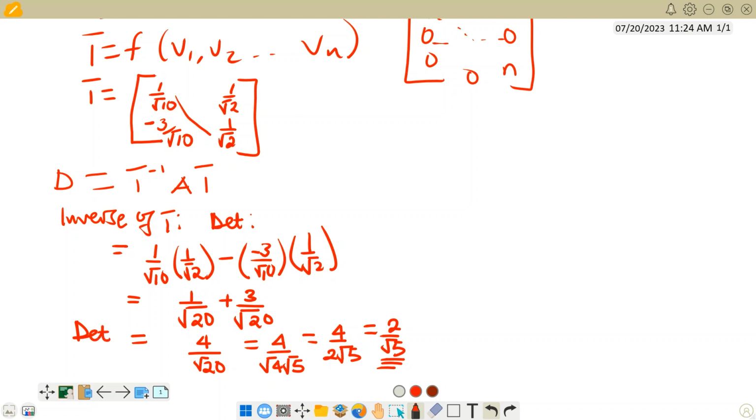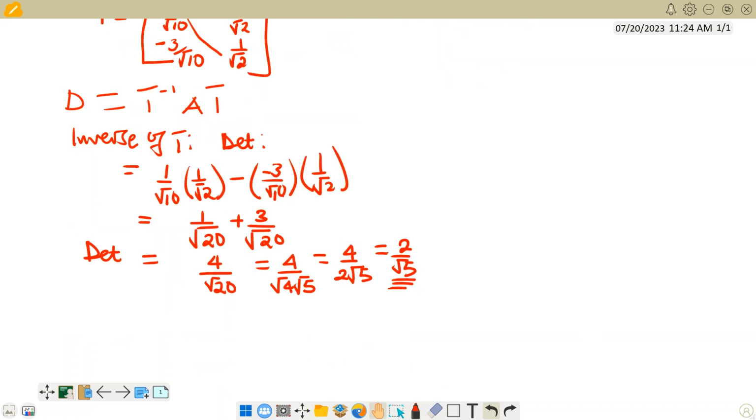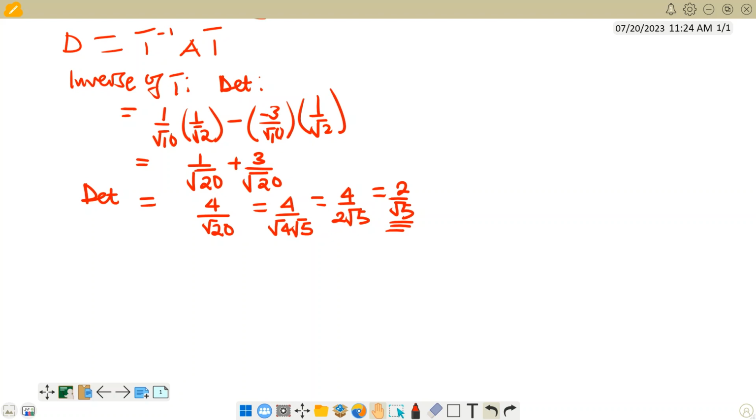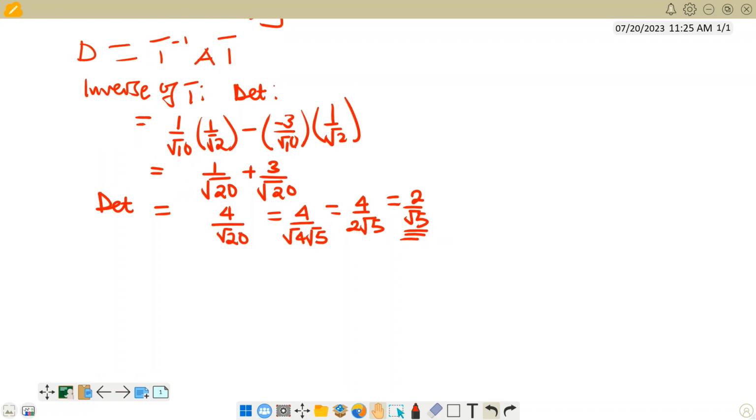But what we want is to get the inverse of t. And how can we get the inverse of t? Well, now that we have the determinant, the inverse of t is 1 over the determinant multiplied by the adjoint.